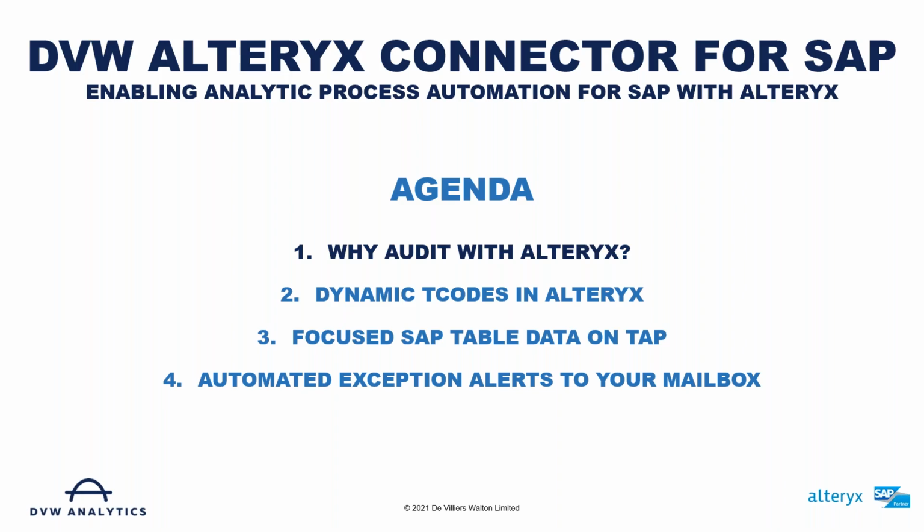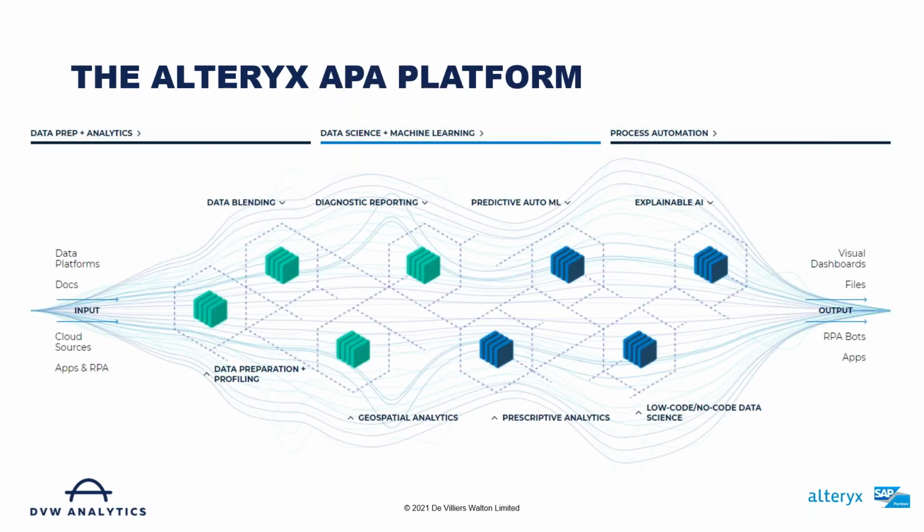So let's start with Alteryx. Many of you may already know, but if you haven't come across Alteryx before, it's an analytics platform. It uses a drag and drop system that allows you to build workflows. It is a data wrangling piece.